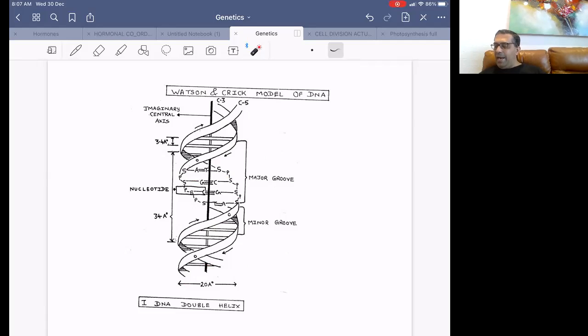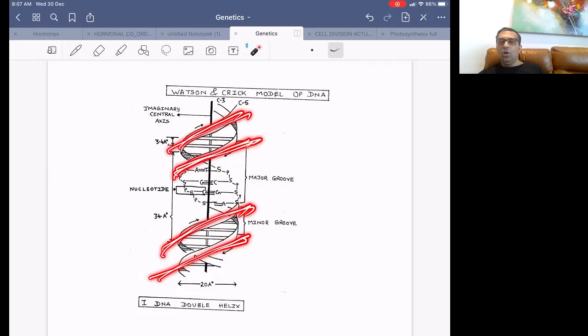So if you see diagrammatically, space in between two strands is called minor groove, and this is space of one double helix. तो ये डबल हेलिक्स इधर था, डबल हेलिक्स इधर है, और दूसरा डबल हेलिक्स इधर है. सो एक कंप्लीट टर्न हुआ है, and that space is called a major groove.